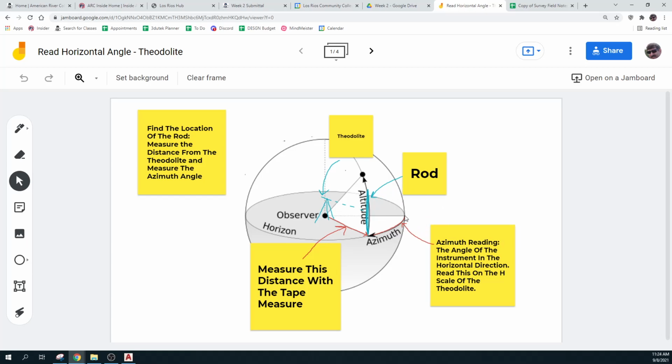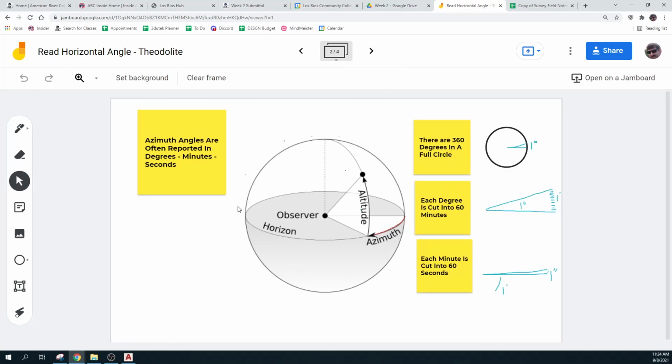So zero is somewhere, and this rod is some angle reading in your theodolite. And the trick is, how do you get that reading? We'll learn eventually how to get the elevation reading. Right now, we're just going to measure the distance to the rod and this azimuth angle.